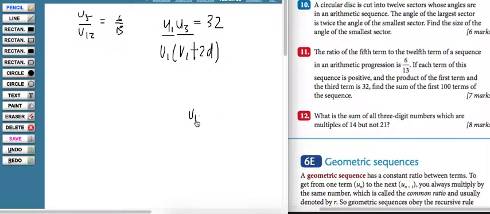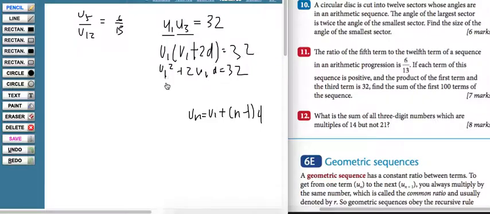That comes from the un equals u1 plus n minus 1 times d formula. You should know that by now. And this equals 32. So this is u1 squared plus 2u1d equals 32. Let's isolate for d. So we have d equals (32 minus u1 squared) divided by 2u1. So now we have d in terms of u1.